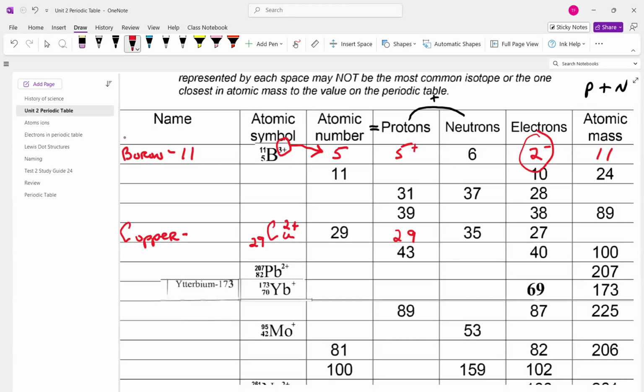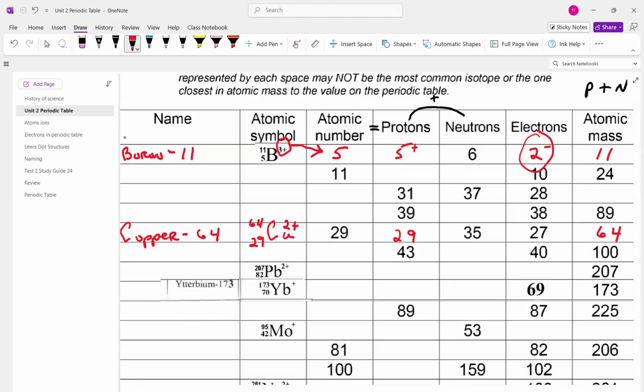Okay. What was the atomic mass? It was 64, right? Yeah, 64. Okay. Notice there's no charge reflected when you name it.